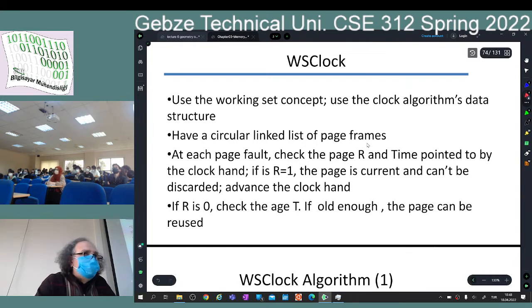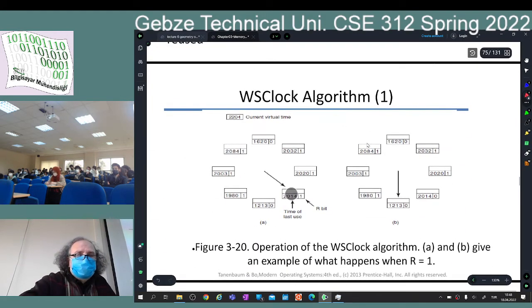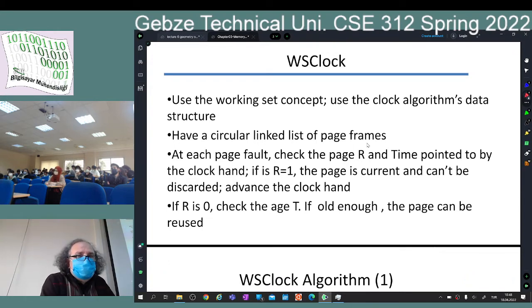At each page fault, we check the page's R bit and time of last use. So I am looking at this page. I am checking the R bit and the time of last use. If the R bit is 1, the page is in current use and can't be discarded, so I advance the clock hand.